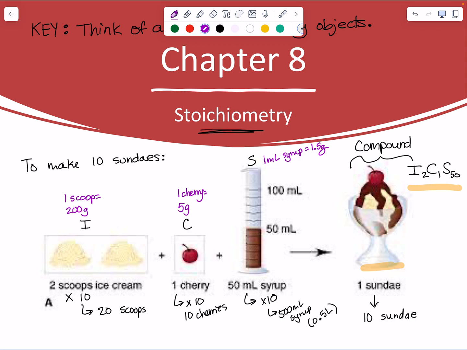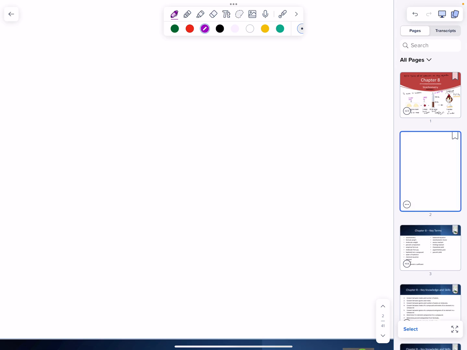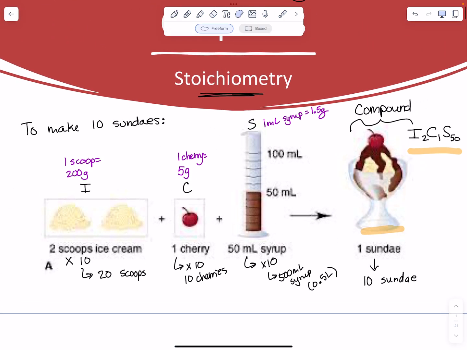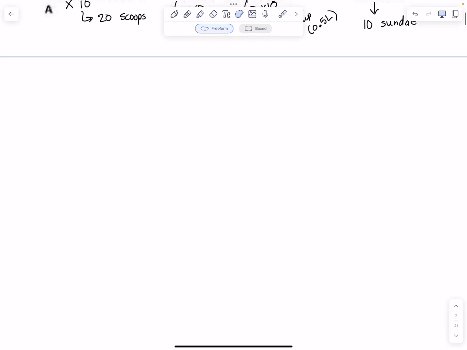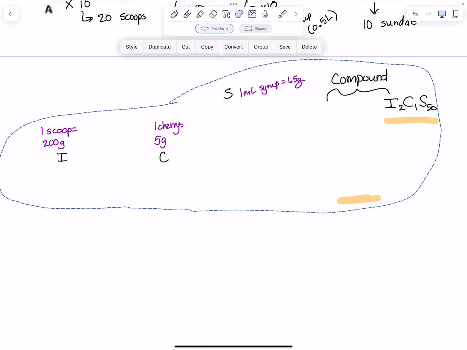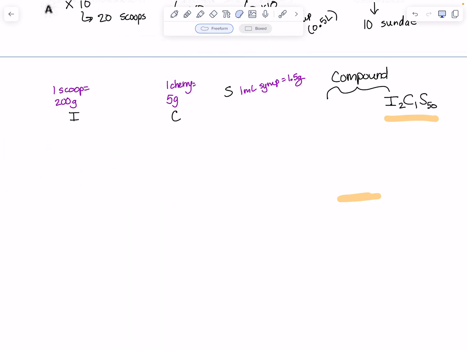So I'm going to insert a page here, take our formula and our things, copy it, and paste it up here. It didn't take the picture, but that's okay. We'll just move these things up here. All right, so this is our data.